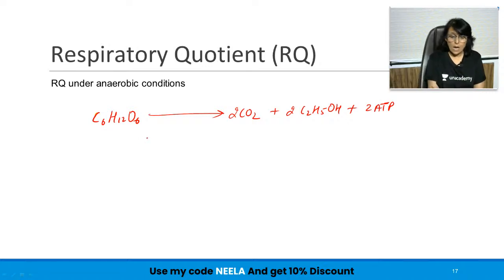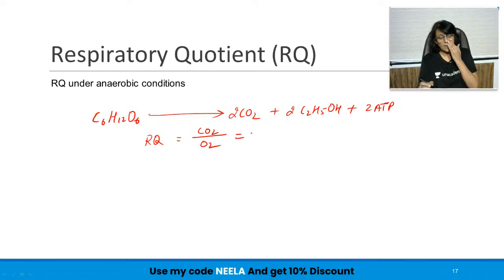So now how do we calculate RQ? CO2 upon O2. How many carbon dioxide molecules? 2. And how many oxygen? 0. So what is going to be the answer? You divide any number with 0, it is infinity.